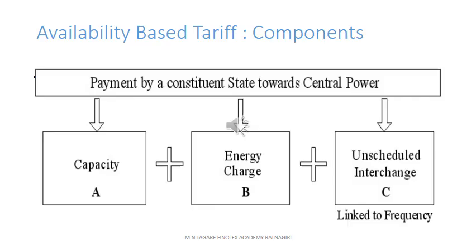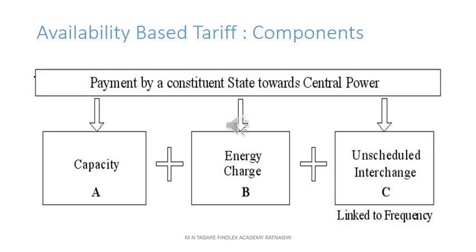And obviously there are various taxes imposed on the generating plant, so those taxes are to be recovered. So this is what we can call a fixed charge. Whether the plant is working or not, every generating company has to bear all these expenses.